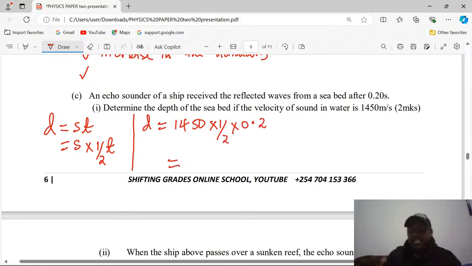If we don't halve the time, the distance we get will be for 2 journeys, and we will have to divide it by 2. 1450 multiplied by 0.5 multiplied by 0.2 gives 145 meters.